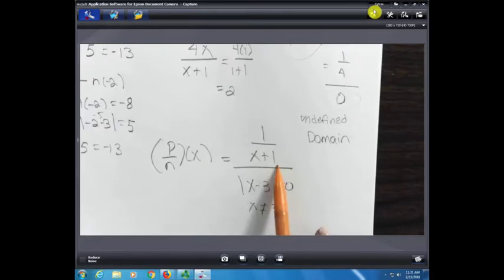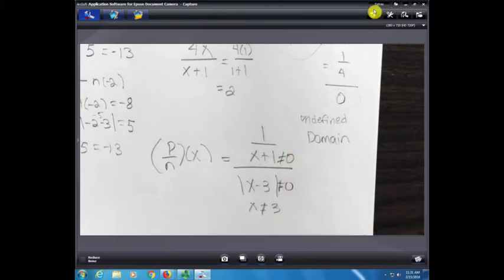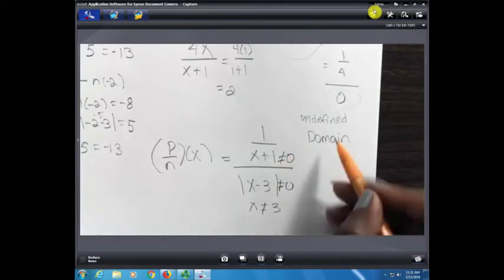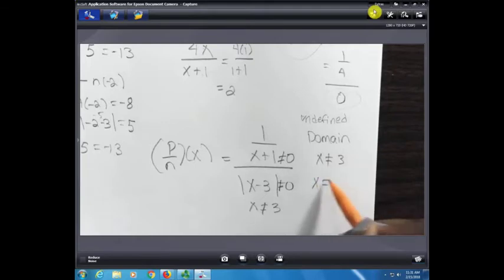Now looking at this problem, isn't this x plus 1 also a denominator? Yeah. So this one also cannot equal 0. So we said that x cannot equal 3, and it also cannot equal what? Negative 1.